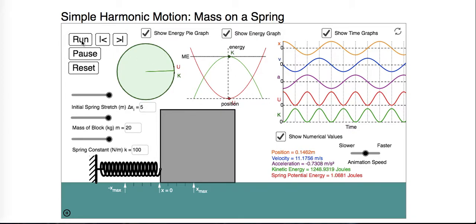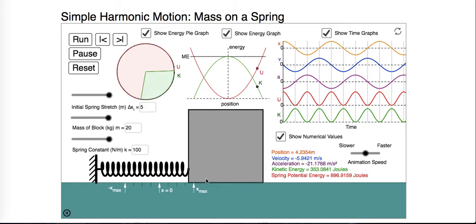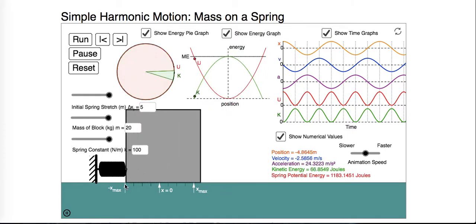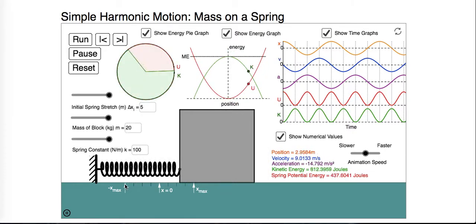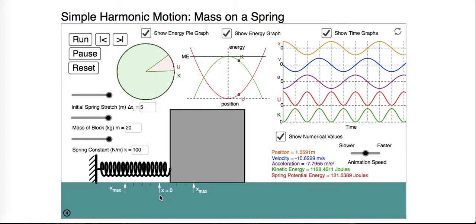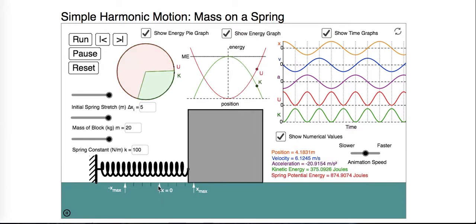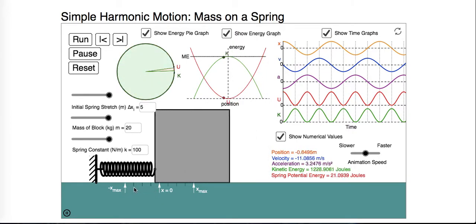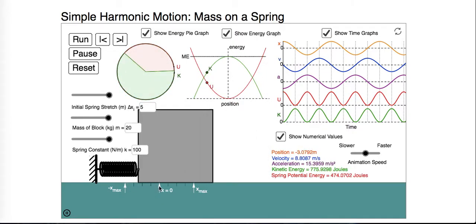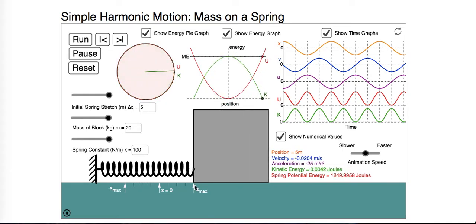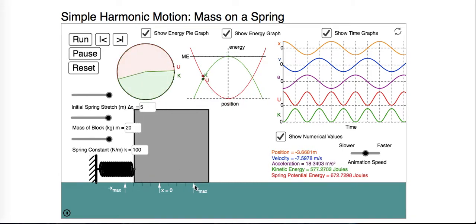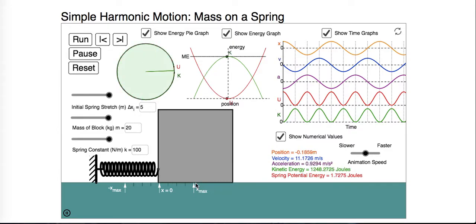So as we run this, we see, of course, that it slows to 0 at the maximum displacement, but it's going fastest at 0. So we've got maximum kinetic energy as it vibrates through the equilibrium position, and you've got maximum potential energy when it's at either of the two full displacements, whether it's compressed or stretched.